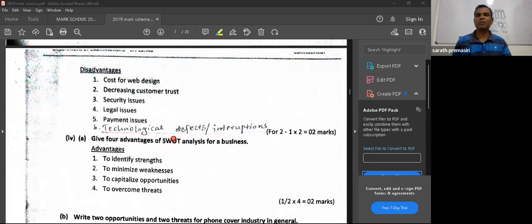Strengths, weaknesses, opportunities, threats. When we discuss business environment, we have studied that by studying the business environment, we can identify the strengths of the business, weaknesses of the business, opportunities with regard to the business, and threats related to the business. That is the major purpose of business environment studies.